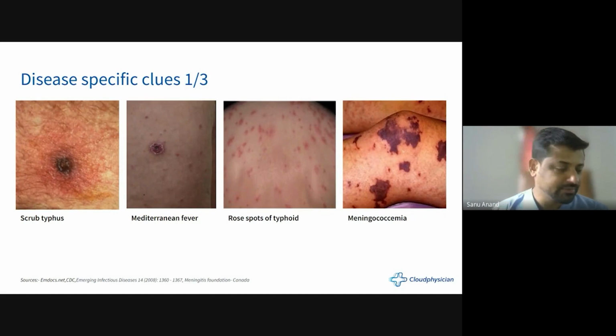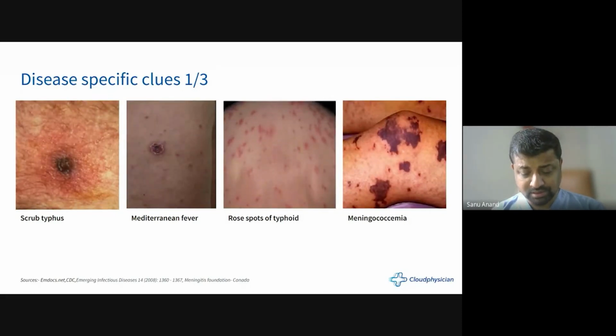Now, disease specific clues, there aren't a lot. There are hundreds of diseases, but there are some diseases which might actually give you a clue. Scrub typhus and Mediterranean spotted fever. So it's also important to be familiar with the kind of rickettsial infections which are seen in our country.